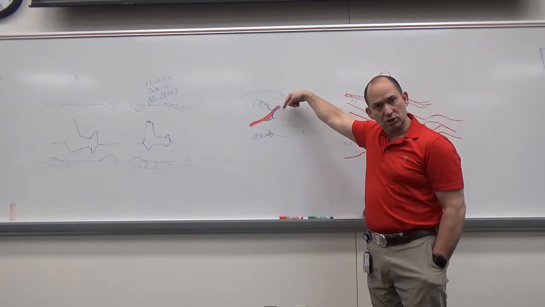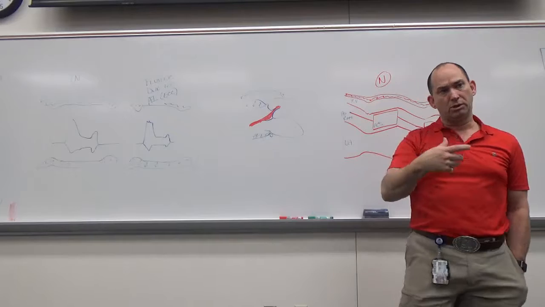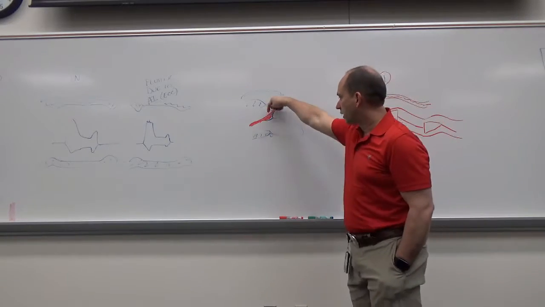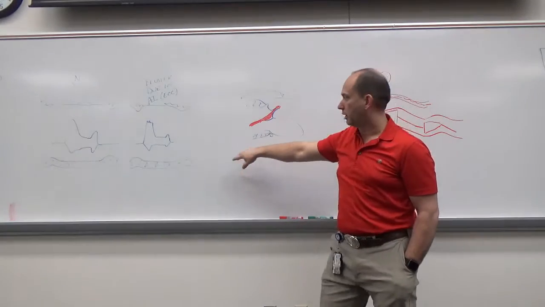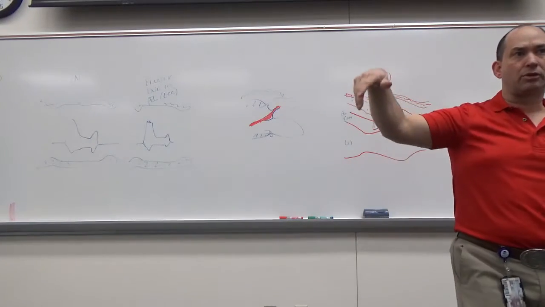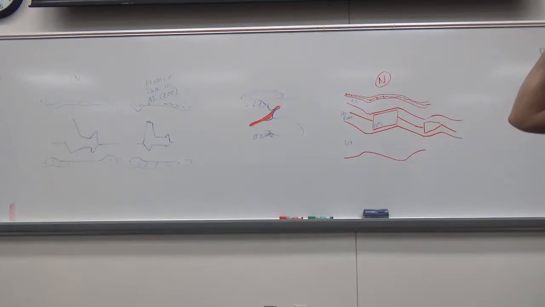That regurgitation going along there is causing turbulence as it creates that jet. If I'm looking at this in 2D without color on and my cursor's going through there, the anterior mitral valve leaflet's going to look like it's fluttering because of that turbulence that the jet's pushing along the side of it.